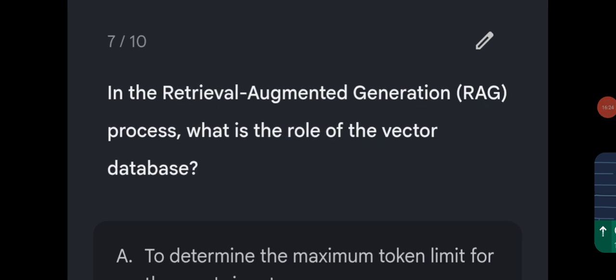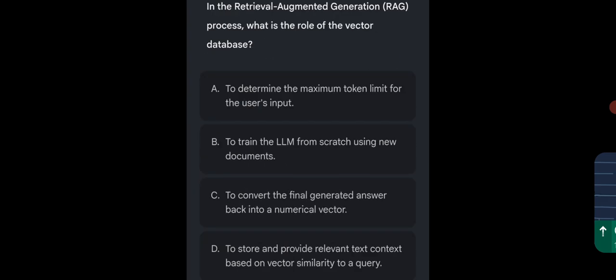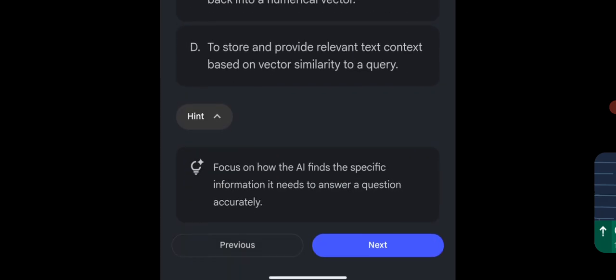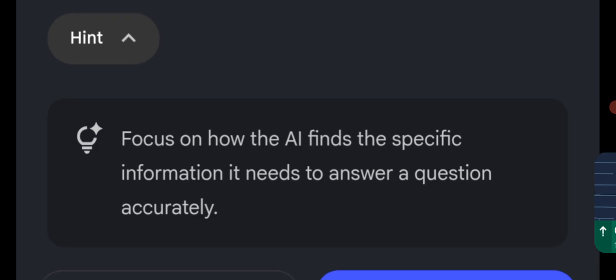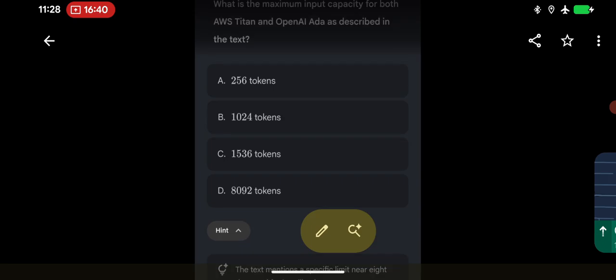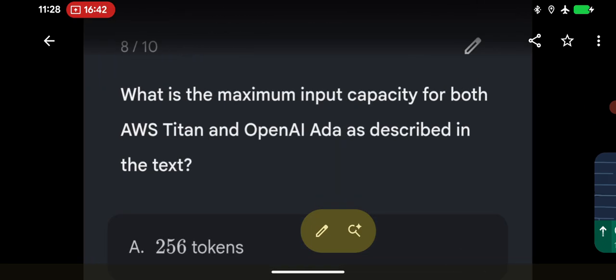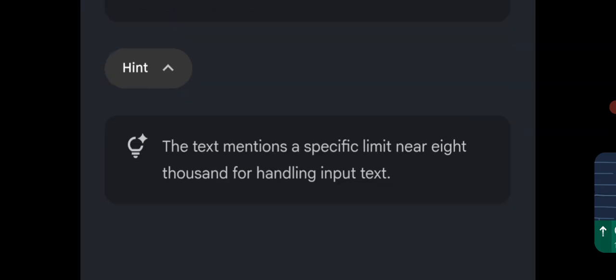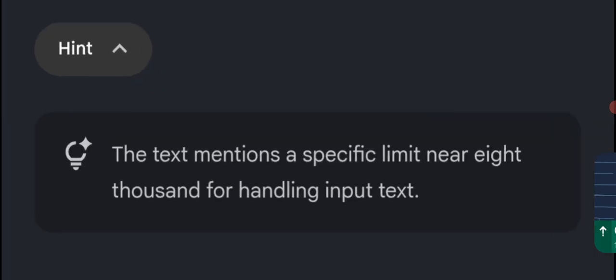Next question. In the retrieval augmented generation process, what is the role of the vector database? Here are the options, and here is the hint. What is the maximum input capacity for both AWS Titan and OpenAI ADA as described in the text? Here are the options, and here is the hint.